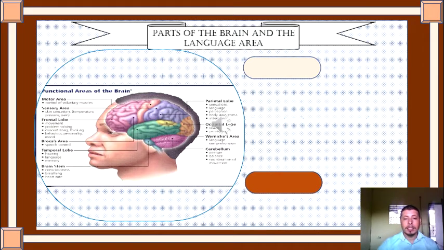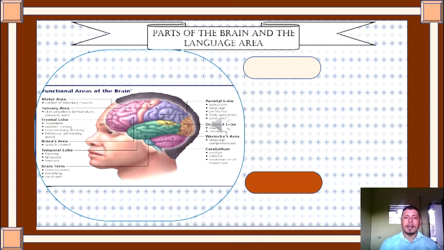So that's what Wernicke's area and Broca's area do. And we have the occipital lobe that is related to vision and perception, the parietal lobe that is related to sensation, language perception, body awareness, and attention. And the cerebellum that is more related to posture, balance, and coordination of movement.